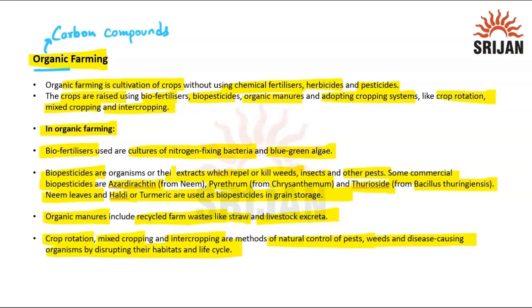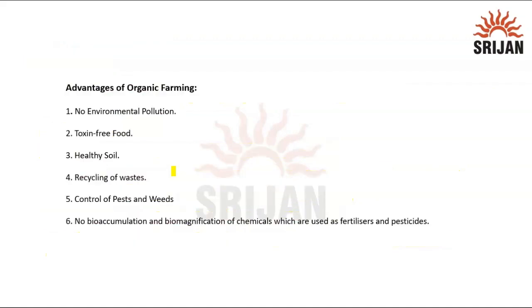Mixed cropping means fewer flowers can be damaged, which is also helpful. In intercropping, you utilize certain crops in a certain region, so even if one crop is affected by insects, another crop still gives you profit. So these are different methods which can help you.